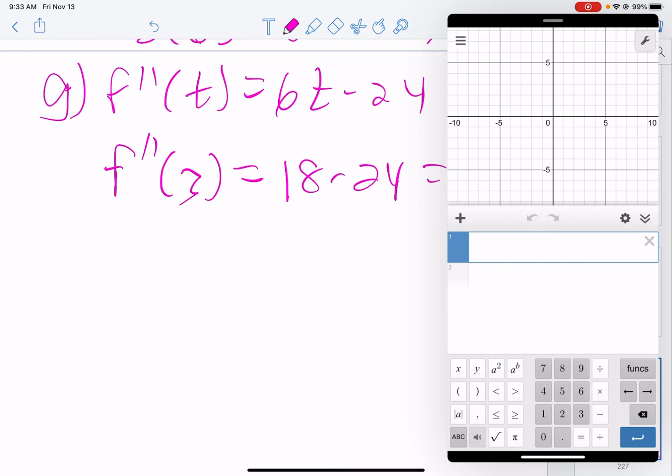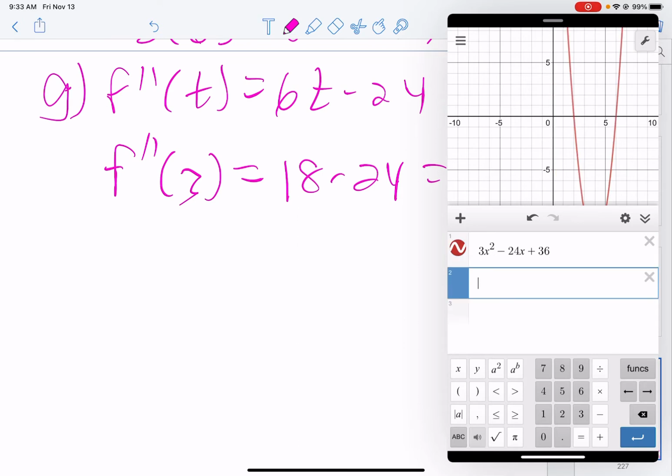Okay, so our velocity equation was, and I'm going to use x's, 3x squared minus 24x plus 36. And then we're going to look at our acceleration equation, which we found to be 6t minus 24.